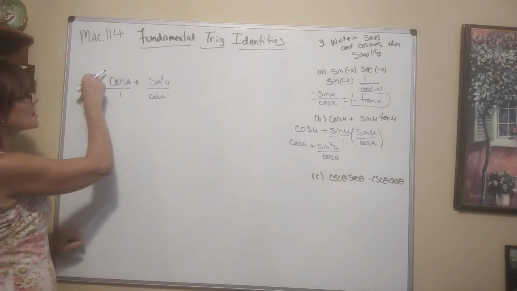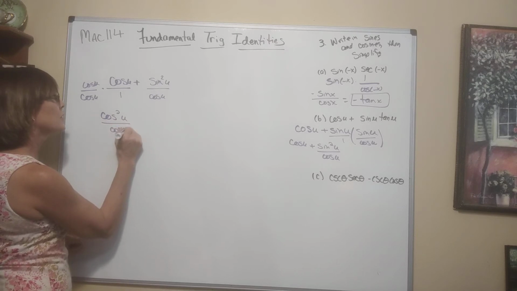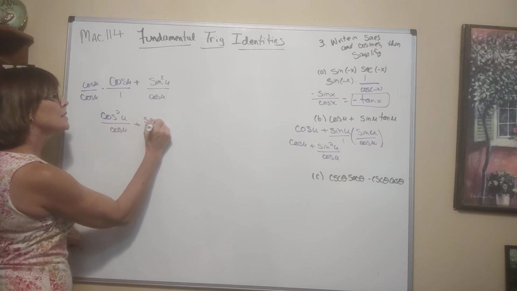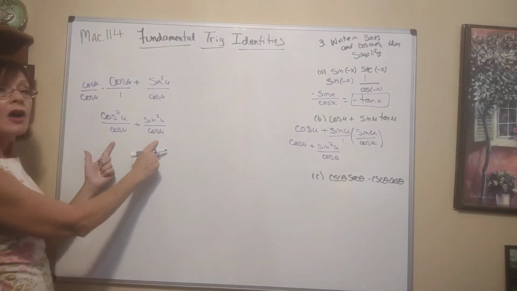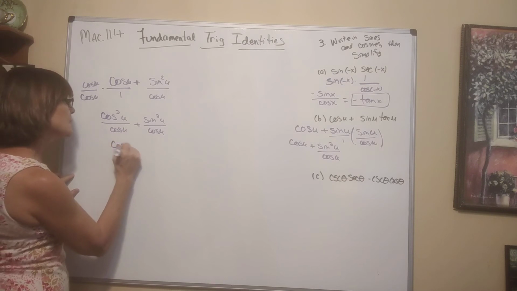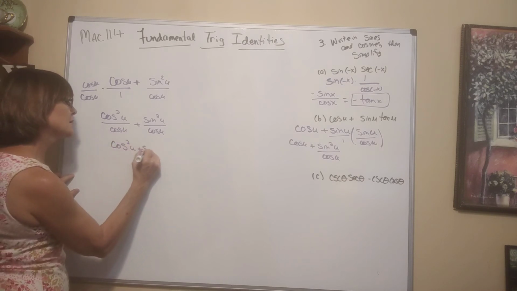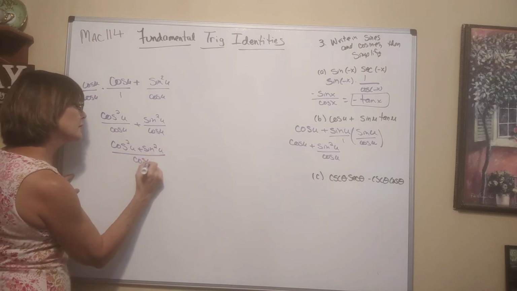So then cosine of u times the cosine of u would be cosine squared of u over the cosine of u plus sine squared of u over the cosine of u. These have a common denominator. Now I can combine them into one fraction. This becomes the cosine squared of u plus the sine squared of u over the cosine of u.